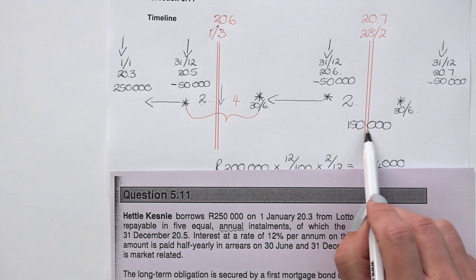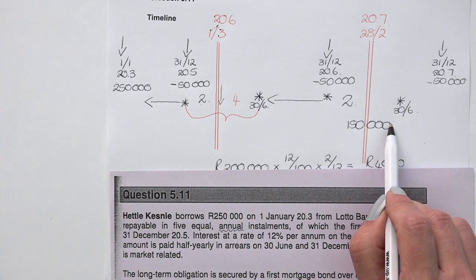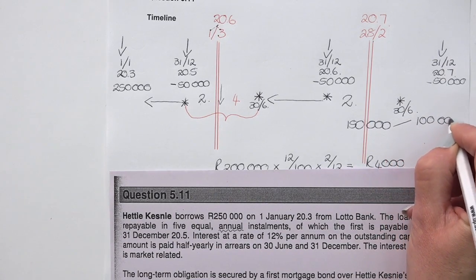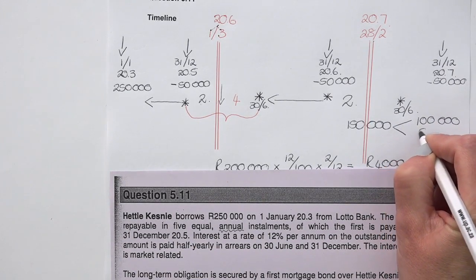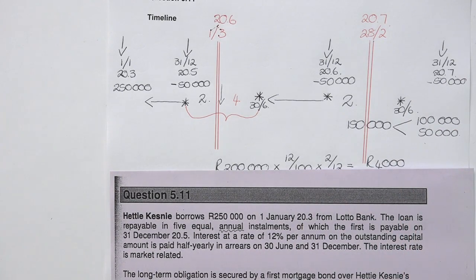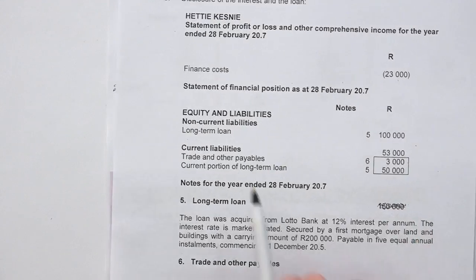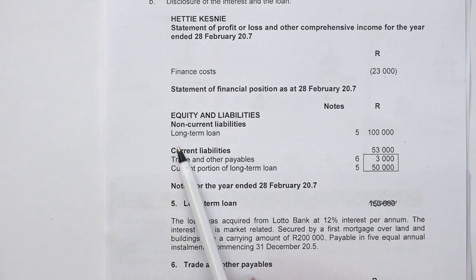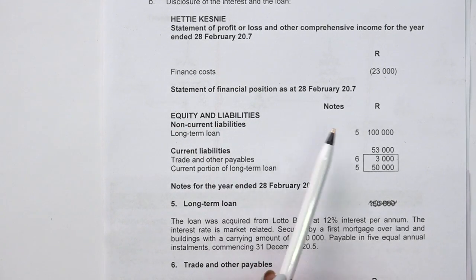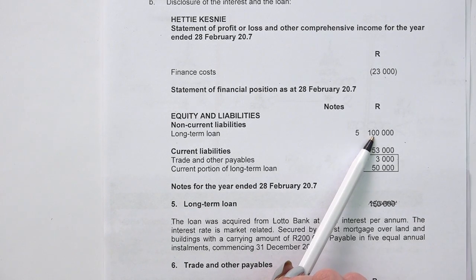So this 150,000 has to be included as 100,000, which is non-current, and then the 50,000, which is the current liability. So in my statement of financial position, you will see that your long-term loan under the non-current liabilities is the 100,000.